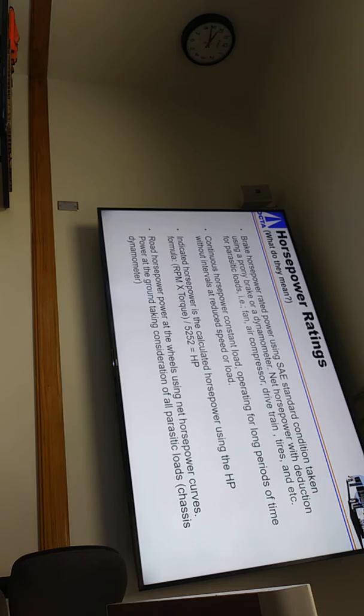And what's left over is the net horsepower rating. The frictional losses through the drivetrain, through the transmission, through the differential, through the axles. That's not what Dodge is telling you when they say 1,000 horsepower.